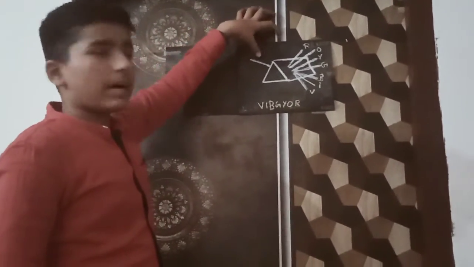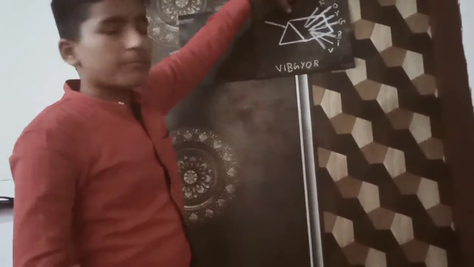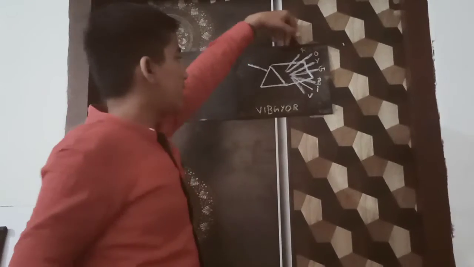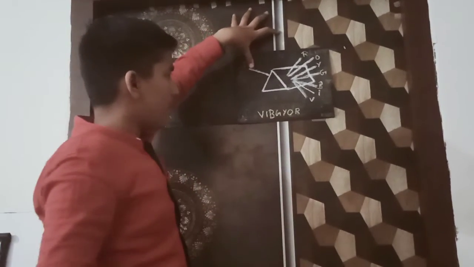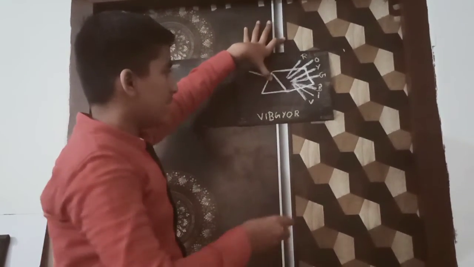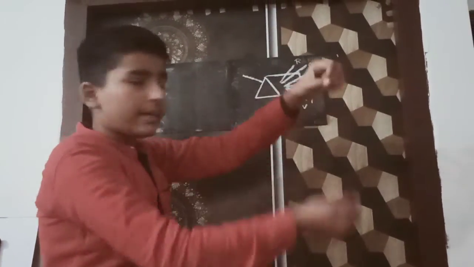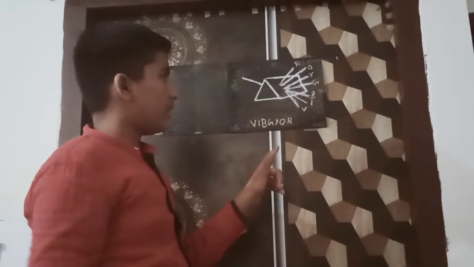Prism allows white light to pass. We know that white light, what is white light? White light is a combination of 7 colors. If we place white light in front of a prism, it gets diverged into 7 colors.